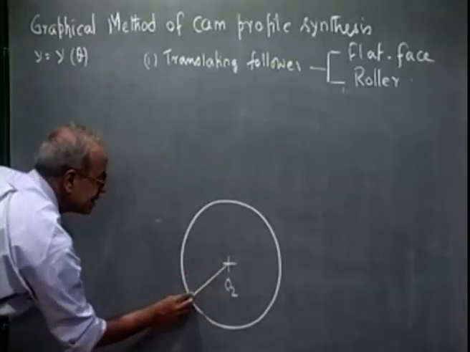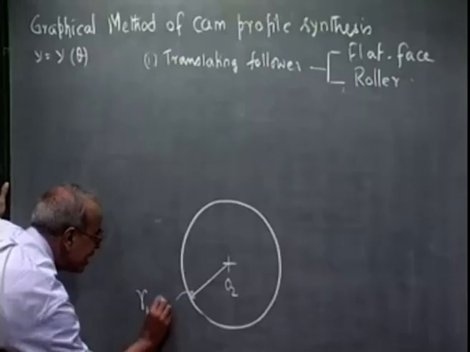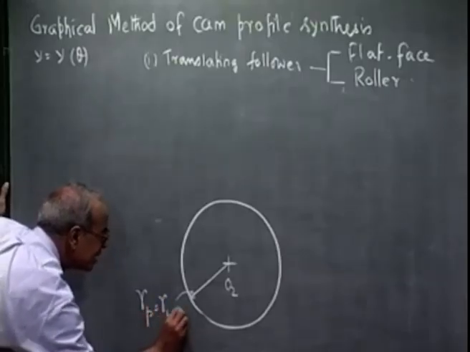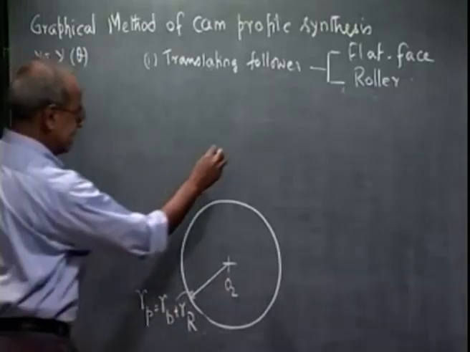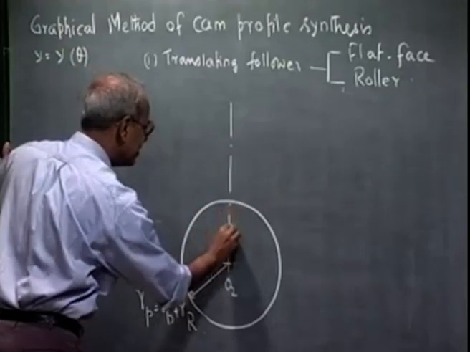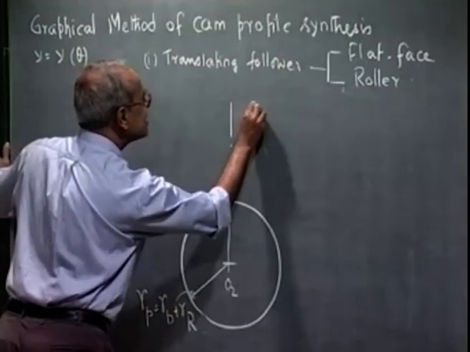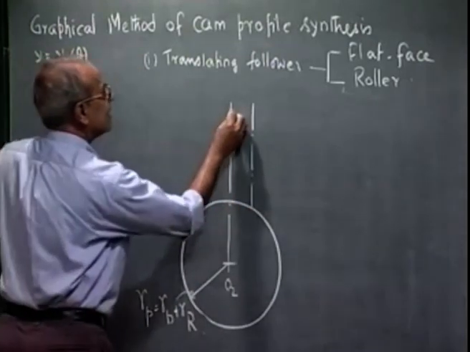So the radius is Rp, which is Rb plus Rr. And let us say the offset is E. This is the offset E.